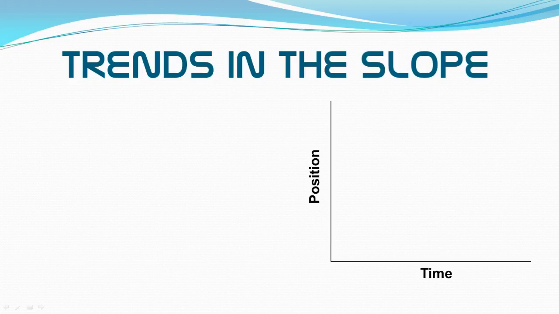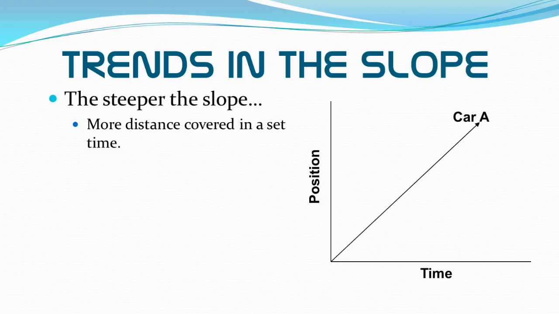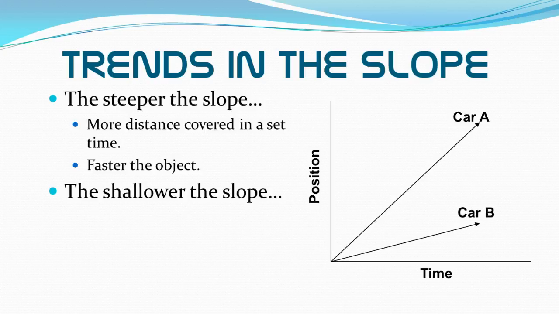As we interact with position versus time graphs, we start to see trends in the slope. The steeper the slope, the more distance covered in a set of time. In other words, the faster the object. The shallower the slope, the less distance covered in a set time.